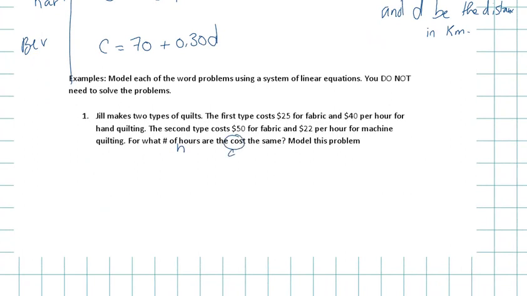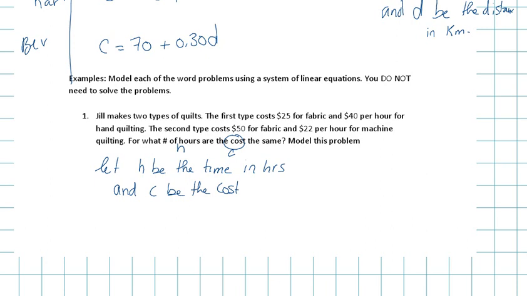So I'm going to say let H be the time in hours, so I have to include the unit. Time can be in seconds, it can be in minutes, right? And C the cost. We all know that cost is in dollars, unless it's thousands of dollars.